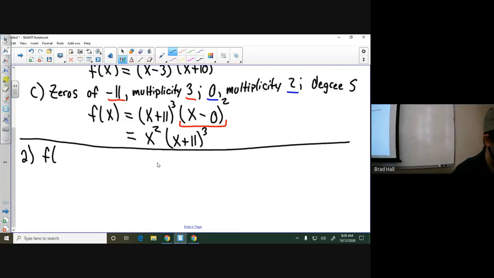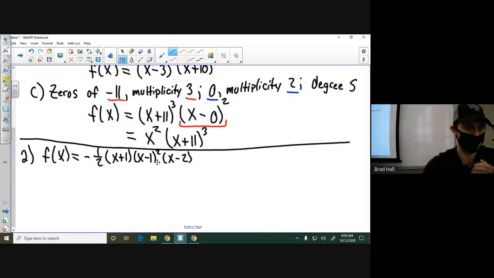And it says graph this function. And it says graph it by finding the power function and behavior, intercepts, and behavior near each x-intercept.